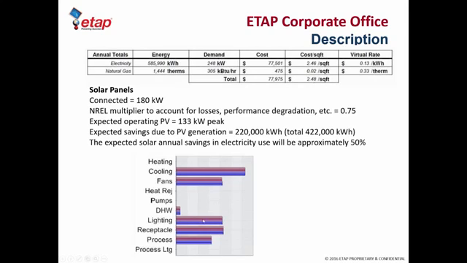And then the lighting, computer servers, which are receptacles, and any other process-related items. They're up there in kilowatt usage, but the biggest consumer of power, obviously, is the HVAC units.